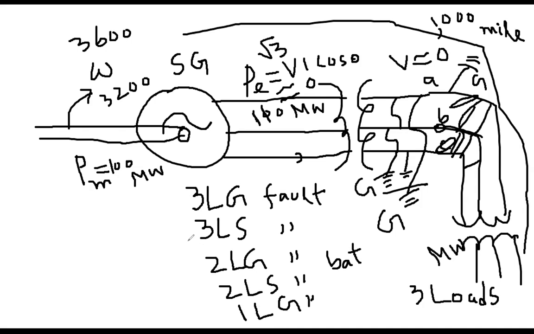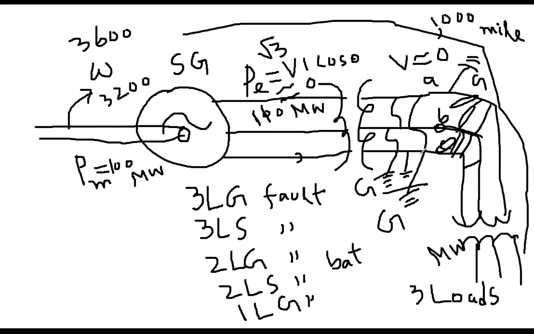So everybody, you can write down on your piece of paper this ranking: 3LG is the most severe fault, then 3LS. You see the difference between these two is that in this case 3 phases are shorted, but this is 3 phases shorted plus grounding. That is the most dangerous, because you all said that since this is a short circuit, voltage will be 0, but what will be the current?